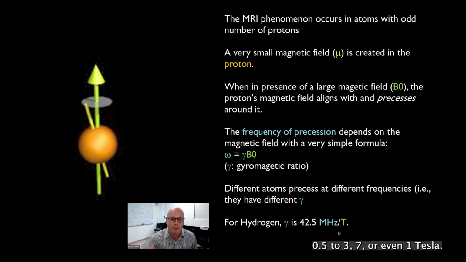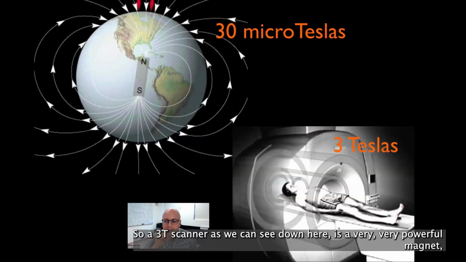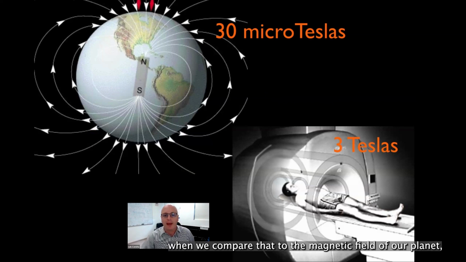strengths that range from 0.5 to 3, 7, or even 11 Tesla. So a 3 Tesla scanner, as we can see down here, is a very, very powerful magnet when we compare that to the magnetic field of our planet, which is roughly between 30 and 50 microteslas.